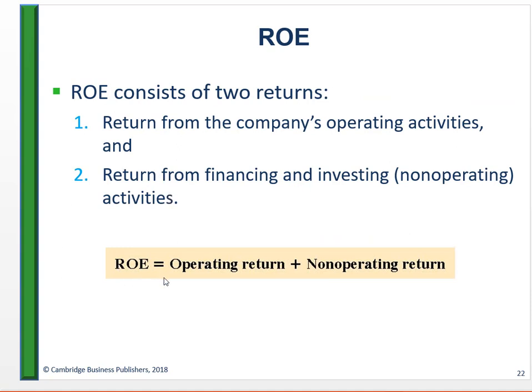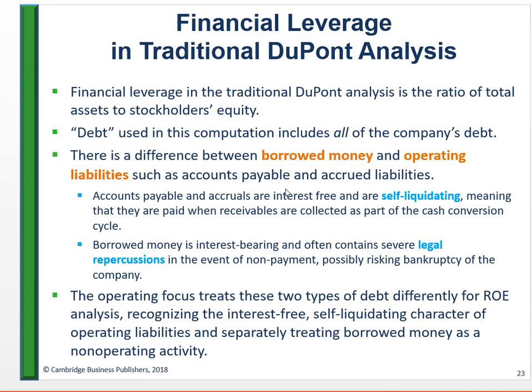In this analysis, which is slightly different from the DuPont method, we're going to look at ROE as a ratio that breaks down between operating return and non-operating return. What do we mean by operating return?